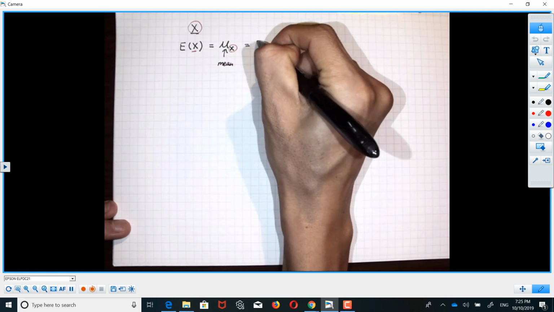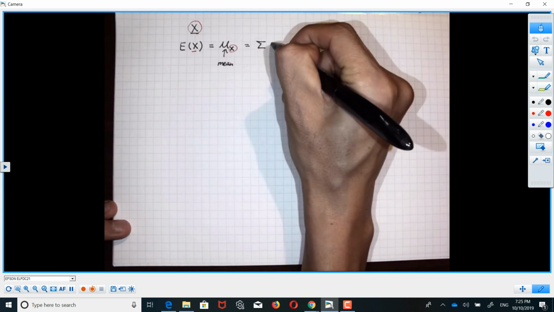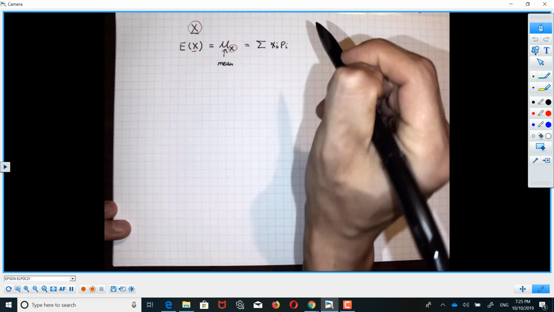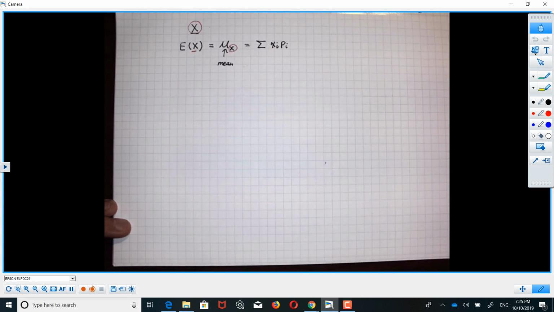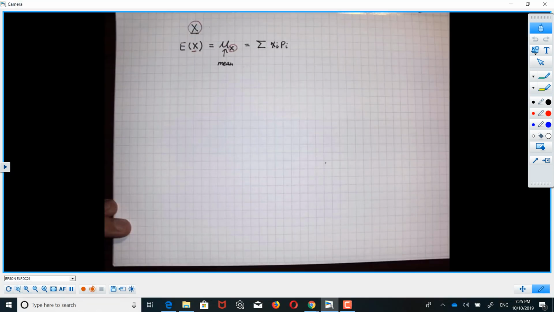It's equal to sigma, the sum, of xi times pi.